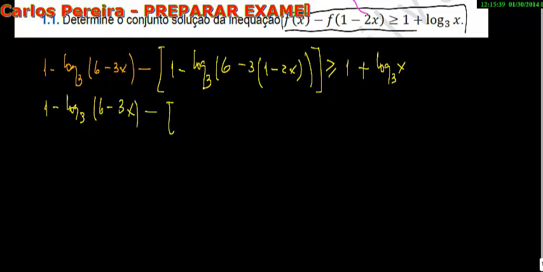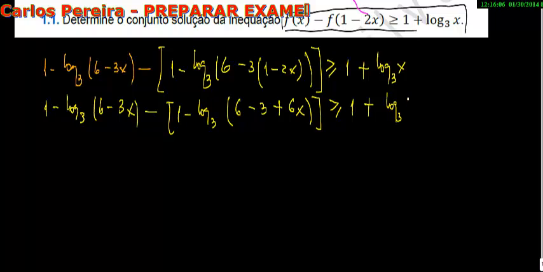Now I'm going to make the calculations over here, 1 minus logarithm at base 3, and now carefully I'm going to make these calculations: (6 minus 3 plus 6 times x), and I'm going to close the interval, greater than or equal to 1 plus logarithm at base 3 of x. So now, as you can see, I can cancel at once this number 1 with this number 1. You agree with me? Okay.